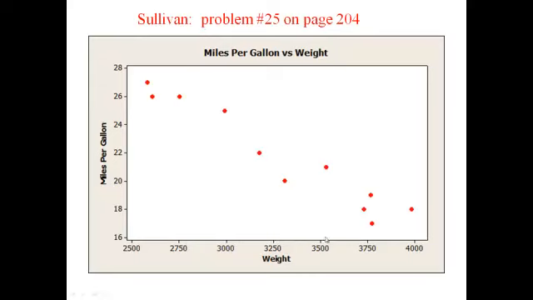Of course, as weight increases, our miles per gallon tends to decrease. Now we would say that our miles per gallon tends to decrease linearly as weight increases. So we could say that there appears to be a negative linear relation between weight and miles per gallon. And if we compute the correlation coefficient for these two variables, we would expect its value to be negative.